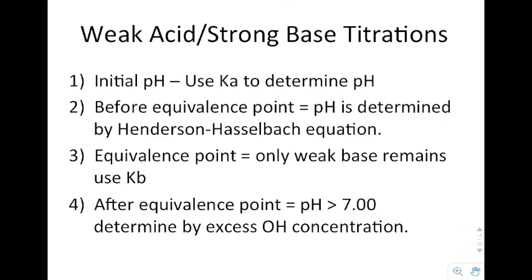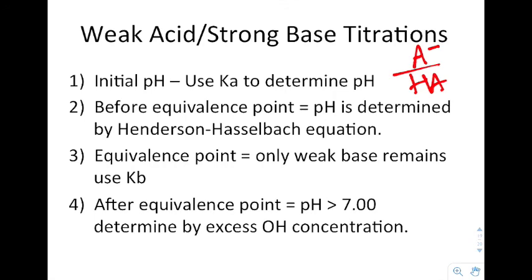After you have the initial pH value determined by the Ka, you can figure out the pH before the equivalence point using the Henderson-Hasselbalch equation. The Henderson-Hasselbalch equation will take into account the buffering aspect of the weak acid and the weak base, the idea that you have some sort of A minus over some sort of HA. So that will account for the pH before the equivalence point.